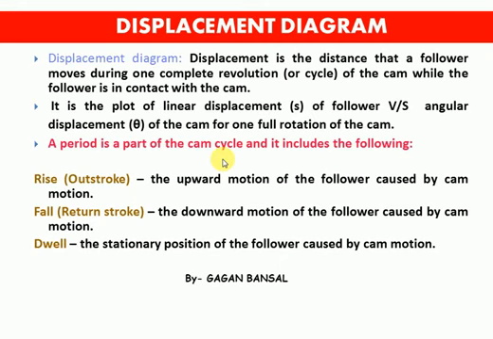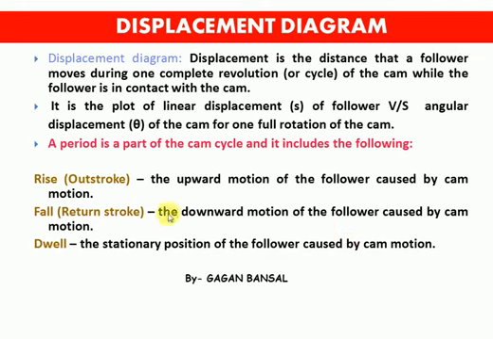A period is a part of the cam cycle and it includes the following: rise, or we can say outstroke, which is the upward motion of the follower caused by cam motion, whereas the return stroke or the fall is the downward motion of the follower caused by cam motion, whereas when the position of the follower is stationary, it is known as dwell. That is the stationary position of the follower caused by cam motion.